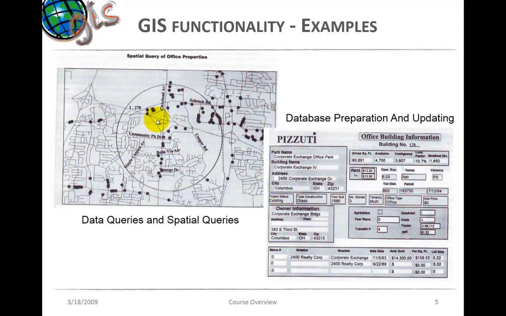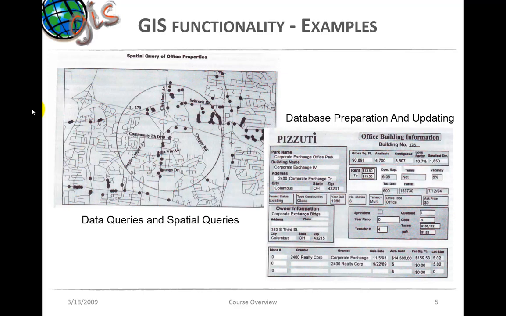For example, somebody is trying to... we have learned how to prepare these databases and update them, whether this is an Excel sheet or an Access database. We have seen, or at least been introduced to, the process.